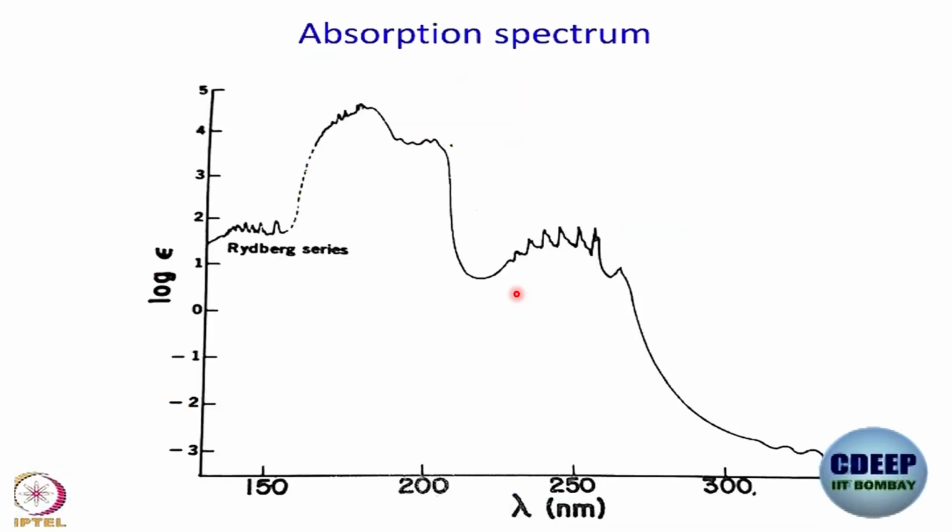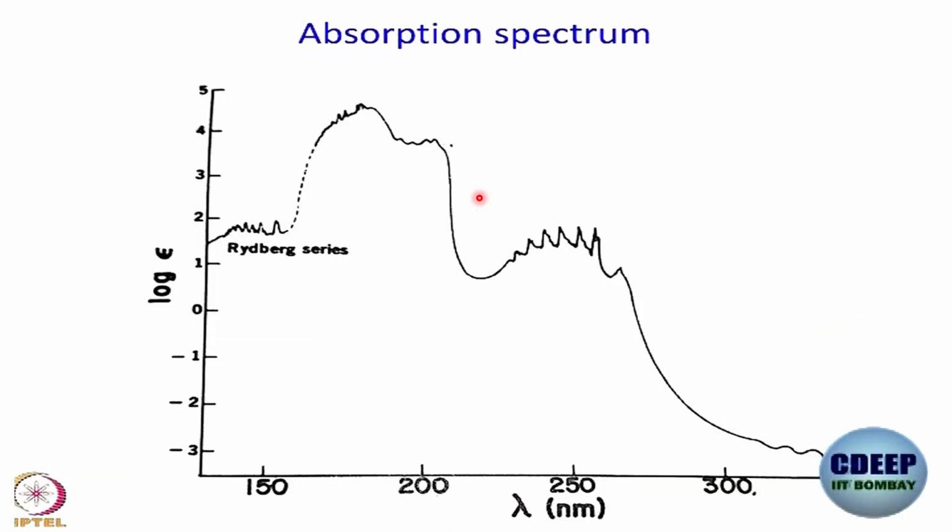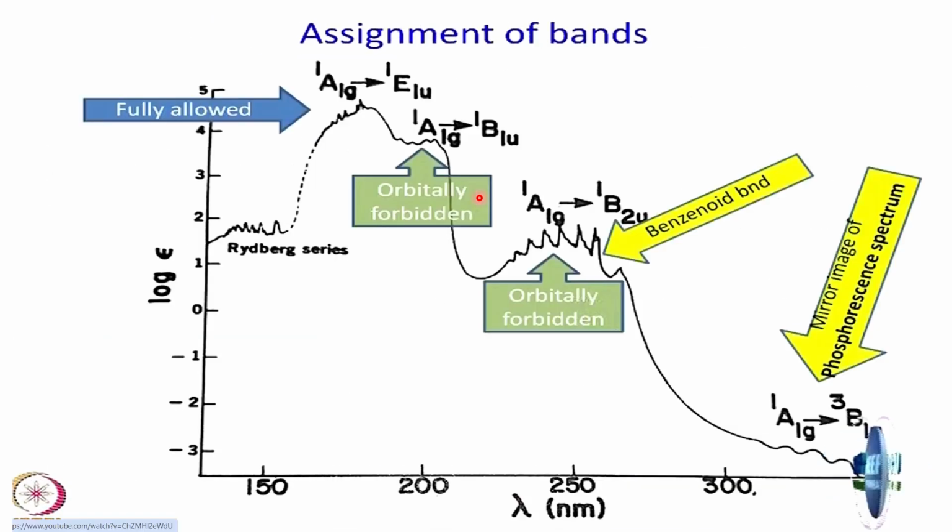Triplet B1U, I guess here. I'm not sure how they have assigned it to only triplet B1U. Why not B2U or E1U? But for the moment, we will believe them that it is coming from singlet A1G to triplet B1U. So is this clear so far?